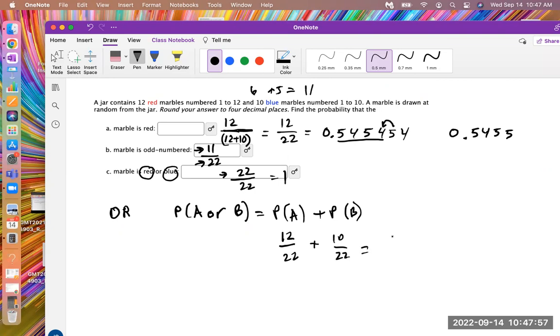If we add those together, you get 22 out of 22. So either way you want to think about it, your favorable outcomes are anything that's red or blue, and there's 22 of those out of the total number of outcomes. That's how you want to do this one.